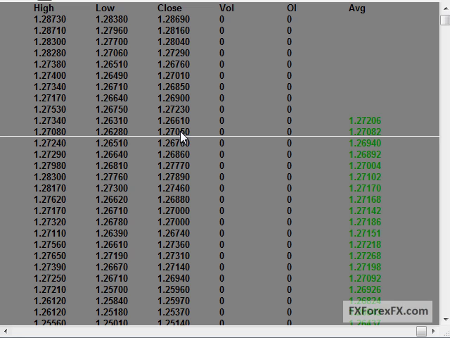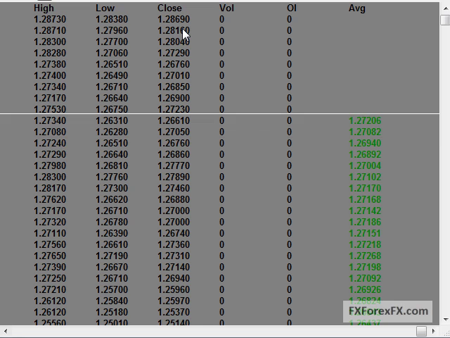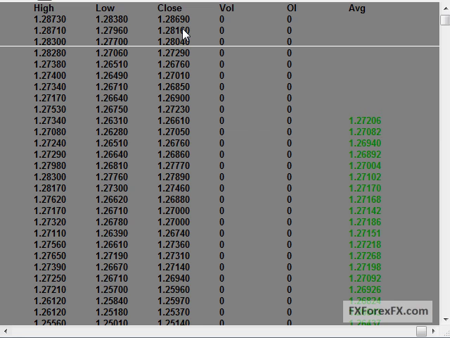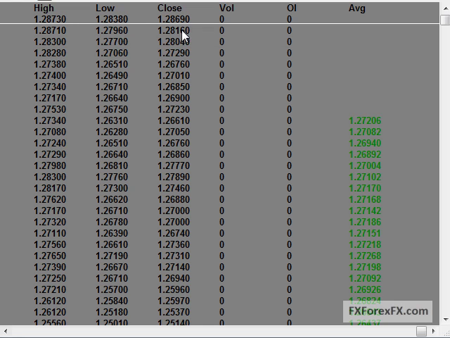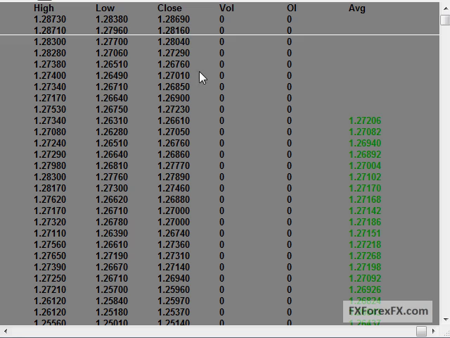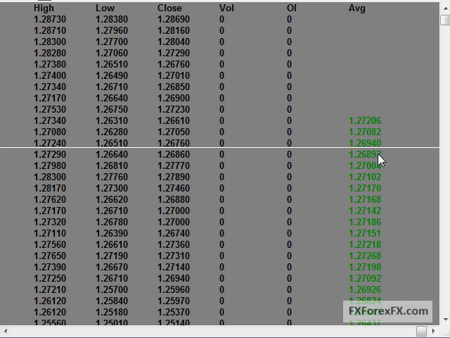So the new day close is added in, and the last one drops off as long as it's 10. So we can count back up from here: 1, 2, 3, 4, 5, 6, 7, 8, 9, 10. And here's where we are, right here. So we use the data from that day. So we're back down here, and this goes on and on and on.